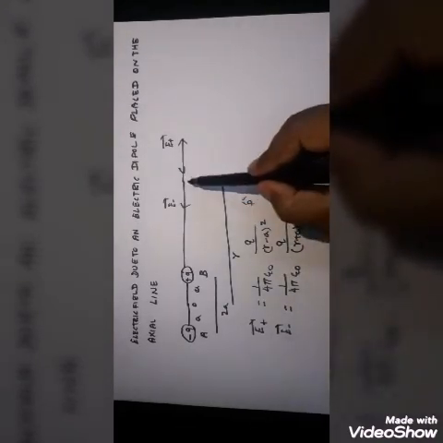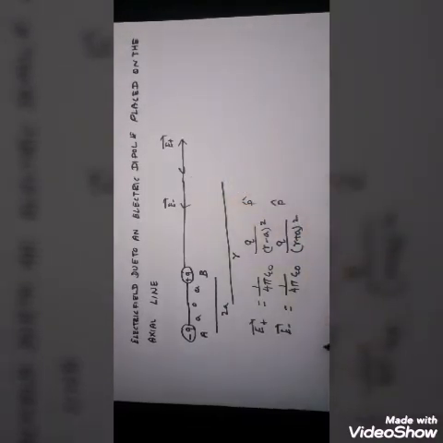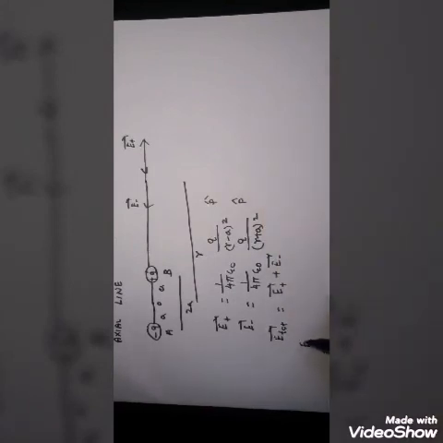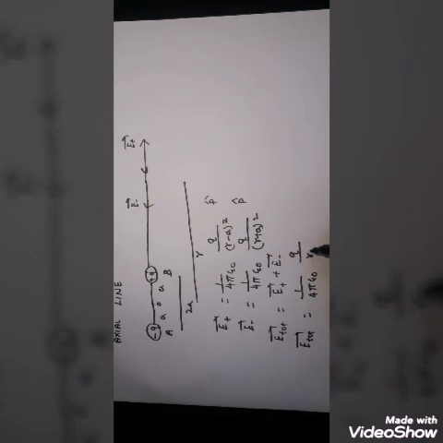So the total electric field E total vector is equal to E plus vector plus E minus vector. E total vector is equal to 1 by 4 pi epsilon naught, q by (r minus a) the whole square, p cap.